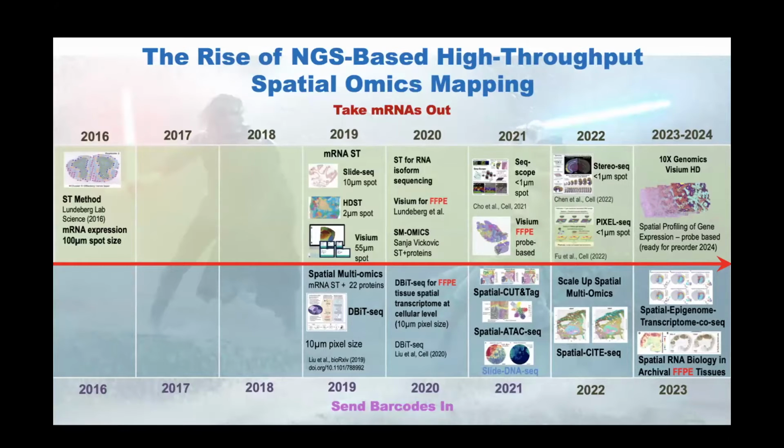You can look at the proteins. You can also look at many other mechanistic aspects of gene regulation, for example, epigenetics, chromatin accessibility, histone modification, and so on and so forth. Or you can combine them to realize spatial multiomics. That is the focus of the workshop today.